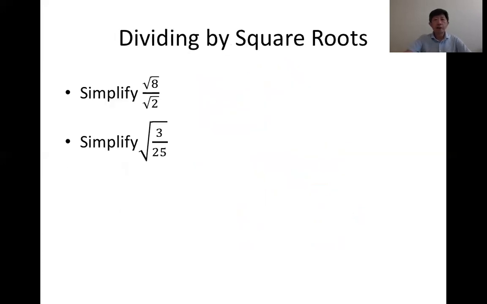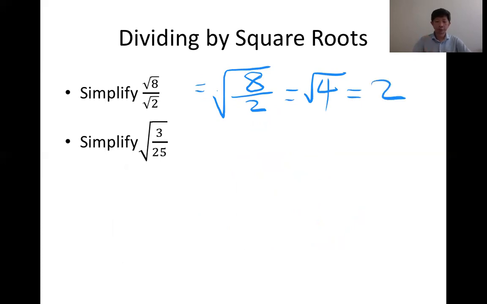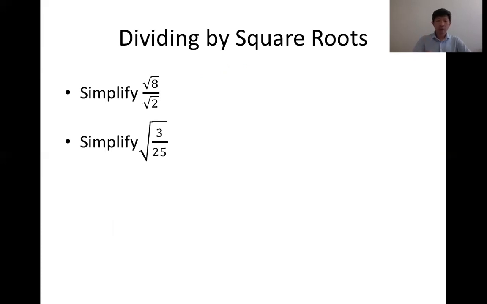Next, dividing square roots. Square root of 8 divided by square root of 2. So therefore, we're going to change this to square root of 8 over 2. 8 over 2 is equal to 4. Square root of 4. Square root of 4 actually is 2, right? Now, what about this problem?